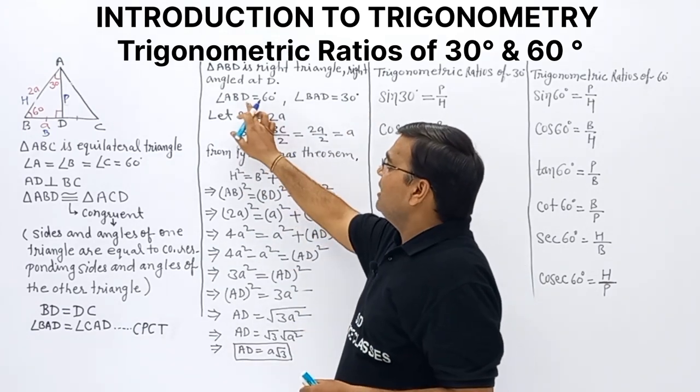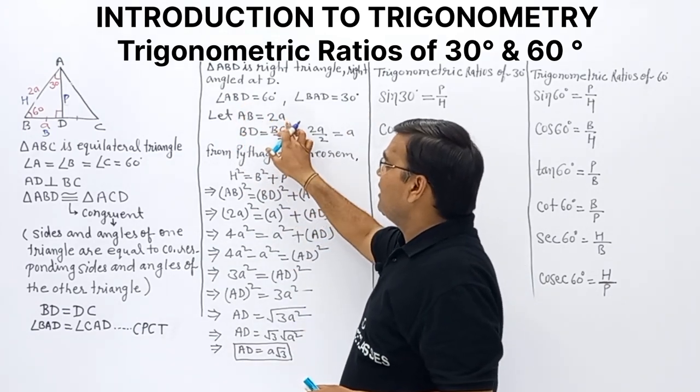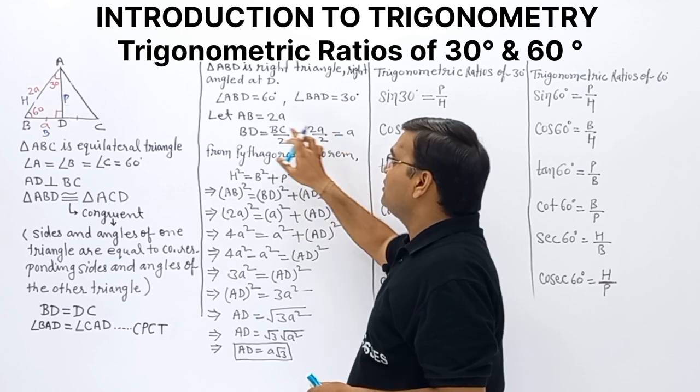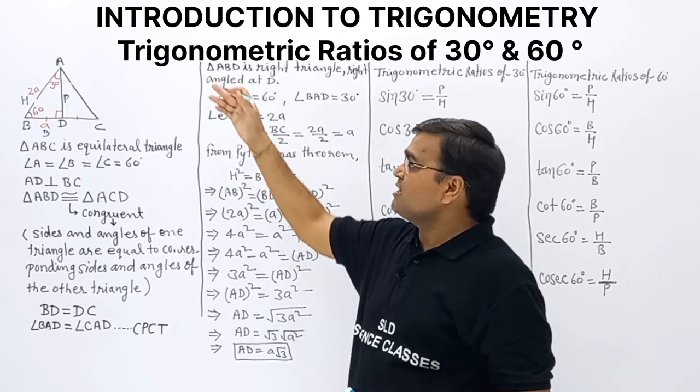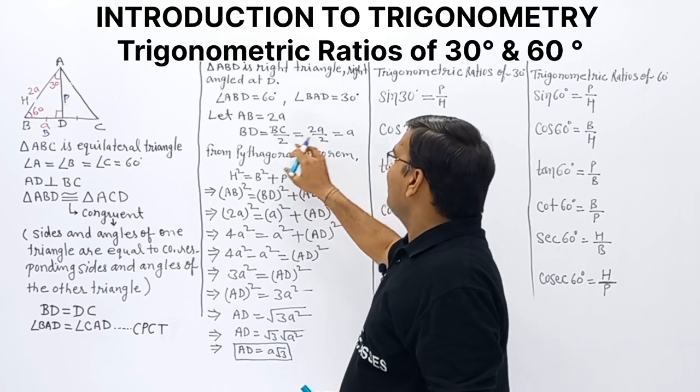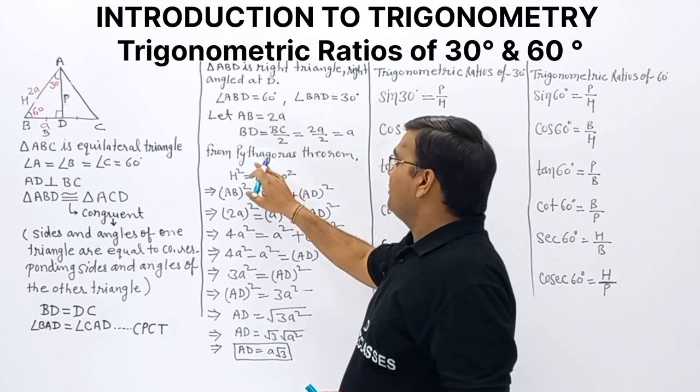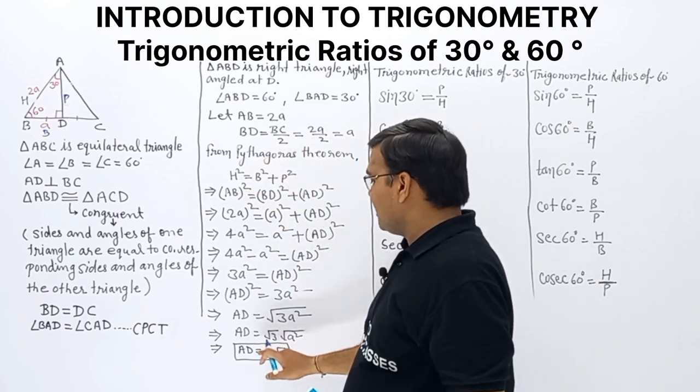We assumed AB, hypotenuse, is 2A, and BD will be half of BC. BC is the same as AB, so BC by 2 will be A. Then we apply Pythagoras and we get AD.